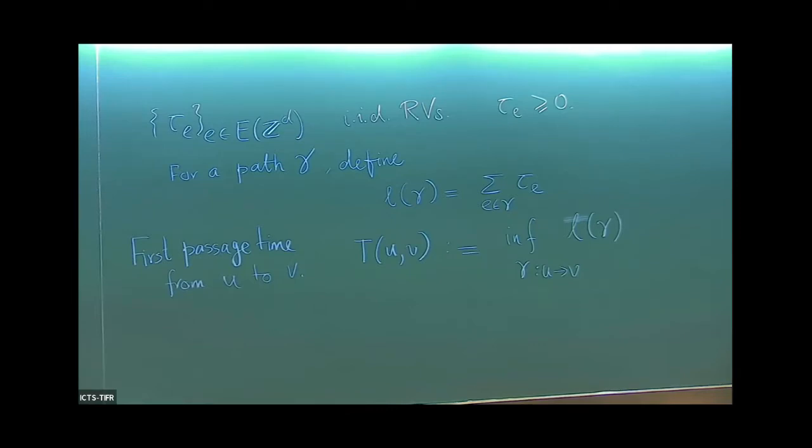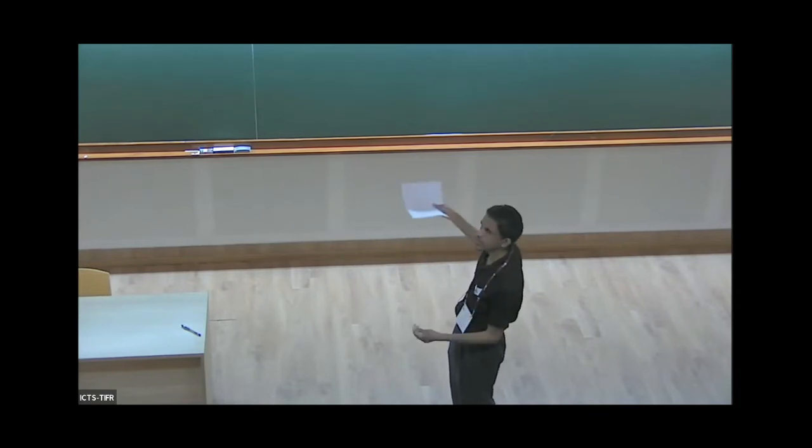And you can see this is exactly what I said. If you take U to be 0, then for the fluid to percolate to V, it has to go through some path, and this T(U,V) is the smallest time it takes through all possible paths. So this is the first time the vertex V becomes wet.